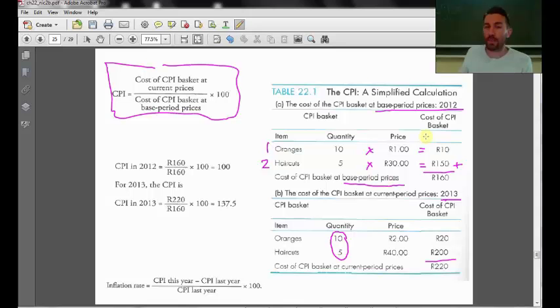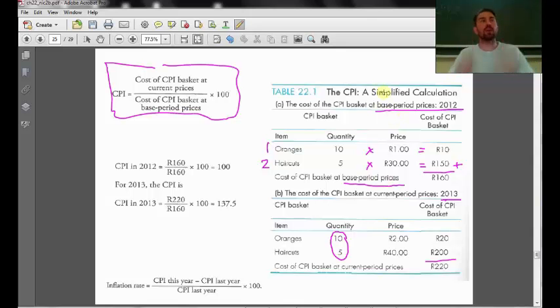The value of the cost of the CPI basket is 160, correct? But what is the value of CPI? What is the actual Consumer Price Index value? Not the cost of the basket, the value of the index. It's 100. Exactly. 2012 is our base period.